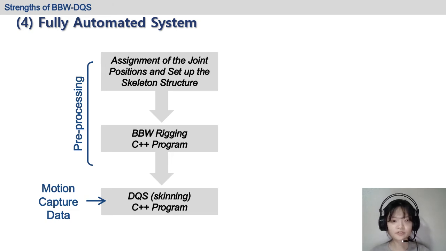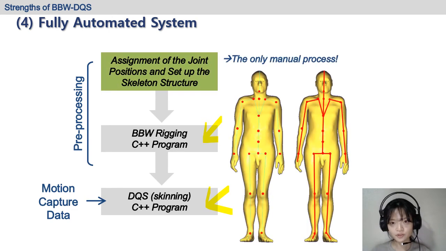This is the overall procedure of the phantom animation by BBW DQS. And here, these two are done by dedicated C++ programs developed in our lab, and the only manual process is this part, assignment of joint positions and set up of the skeleton structure.